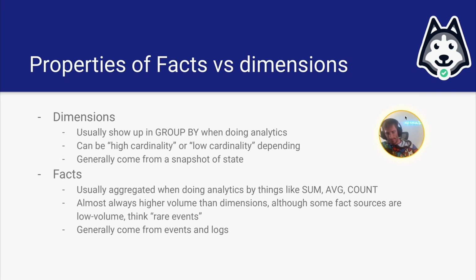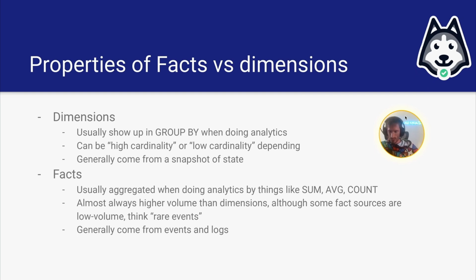Facts are almost always higher cardinality, because the number of things I can do as a user of an app is usually more than one. I'm one user who can do many things: I can log in, I can delete my content, I can watch a video. Generally speaking, it's a lot higher than one thing, and even if they can do one thing, they can usually do it multiple times.